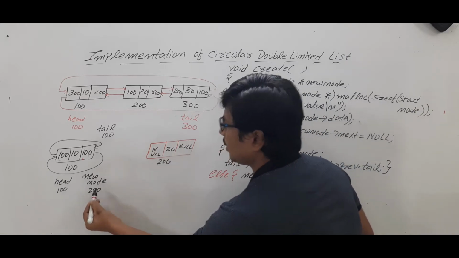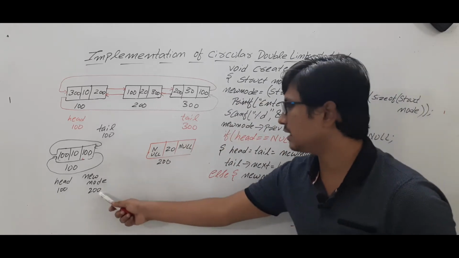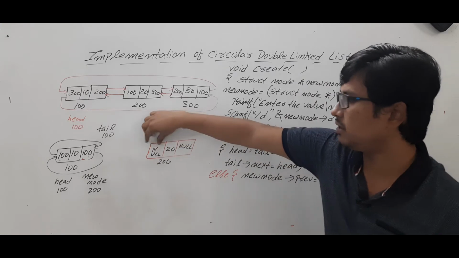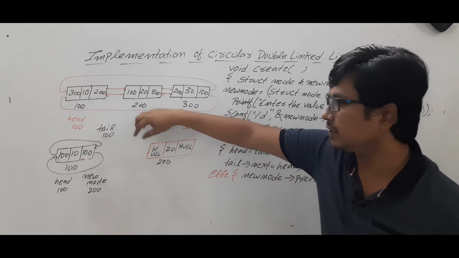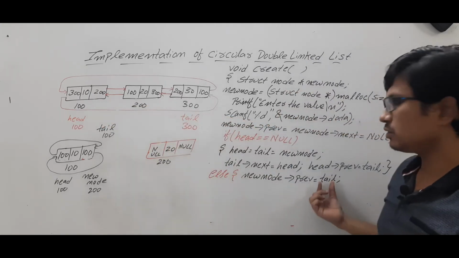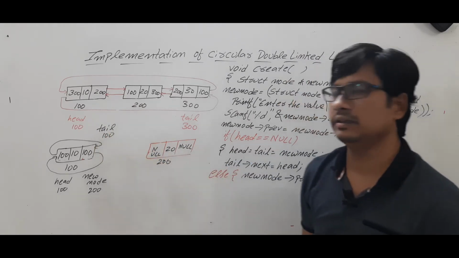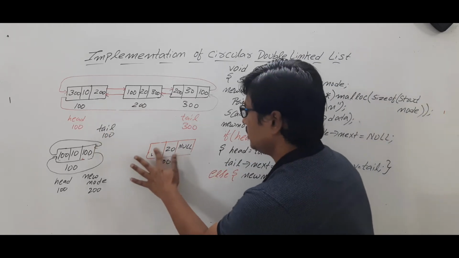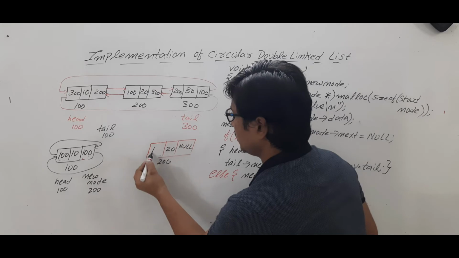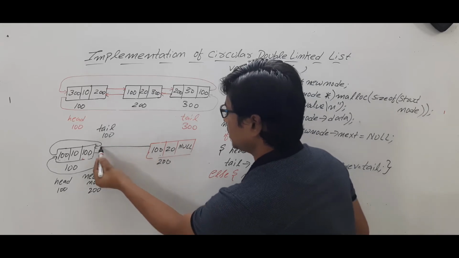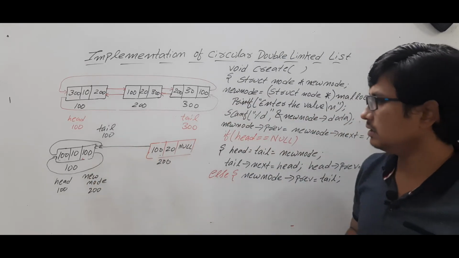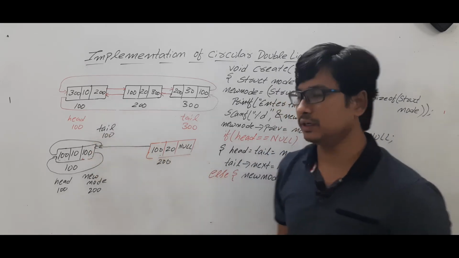Here new node will have 200. So 200 of previous, this location they are talking about, is equal to tail. What is tail having? 100, which we are assigning here. The meaning is that there is a link from this node to this node. Are you able to understand? This node is pointing to this node.